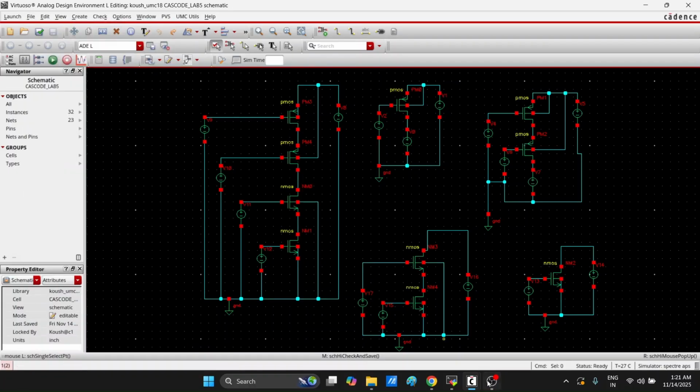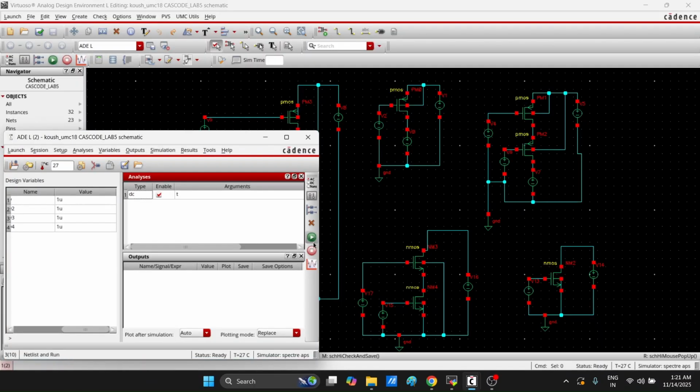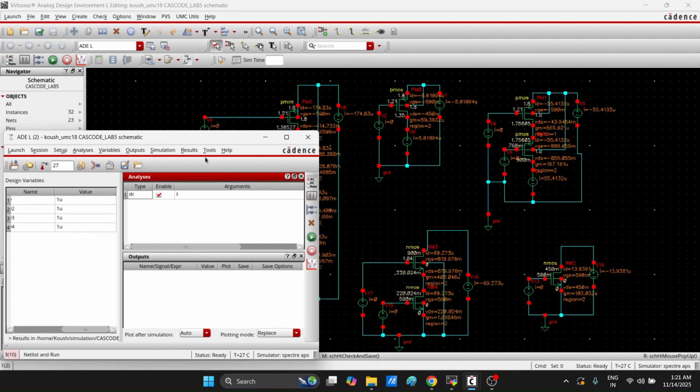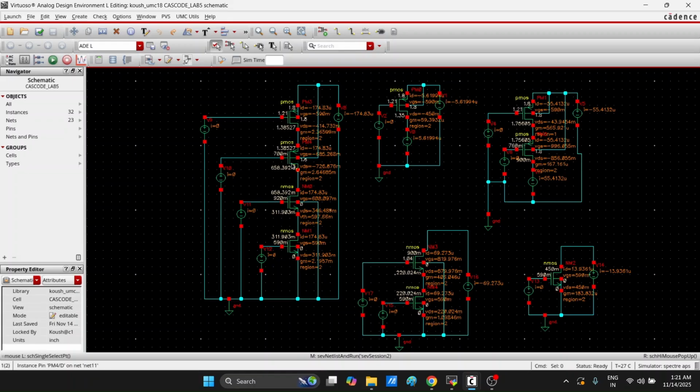You can see this procedure. We are doing a dummy DC analysis and we will go to results and annotate DC operating points. We can see that all our transistors are in region 2. This means that all the transistors are in saturation.